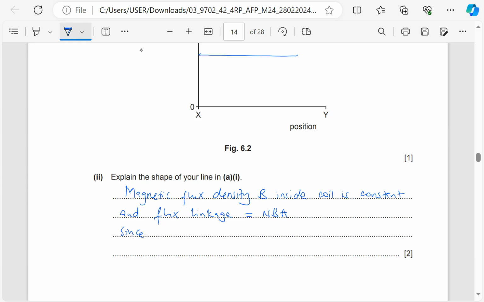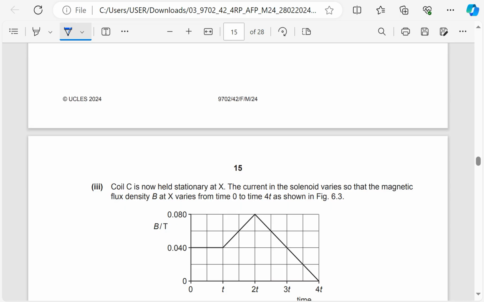Since all N, B, and A are constant, flux linkage is constant. Okay, so the flux linkage is constant.